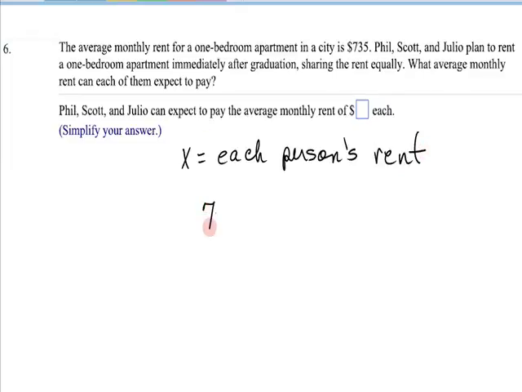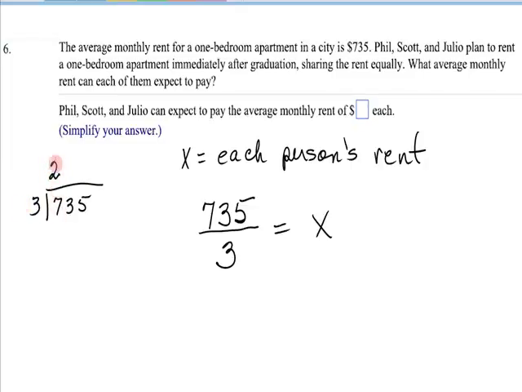And I have 735, and I'm going to divide it 3 ways, and that's going to give me each person. Okay, and I guess I need to do that. 735 divided by 3. Now 3 does go into 7. It goes 2 times, so I get a number above the 7. 2 times 3 is 6. Get a 1 and bring down the 3. 3 goes into 13.